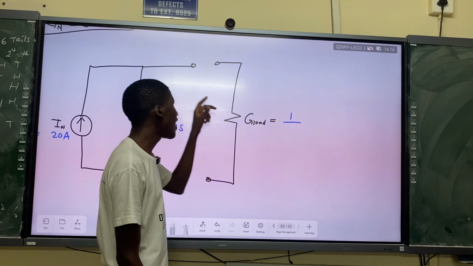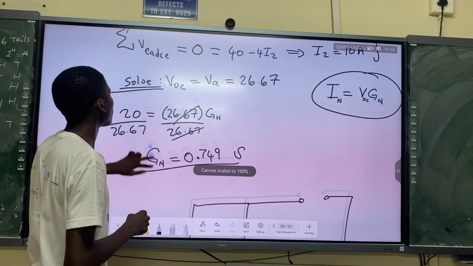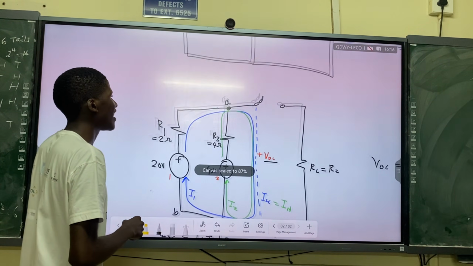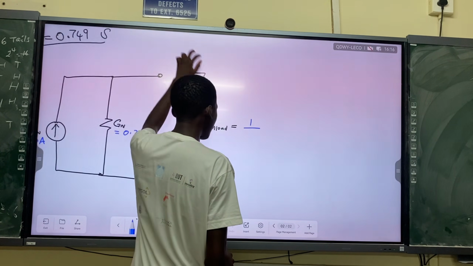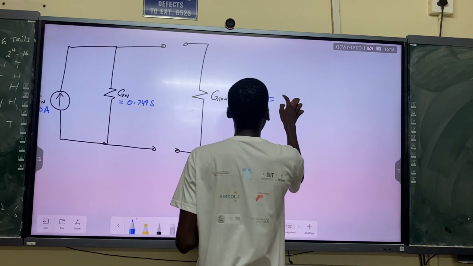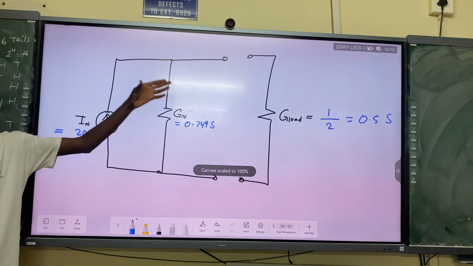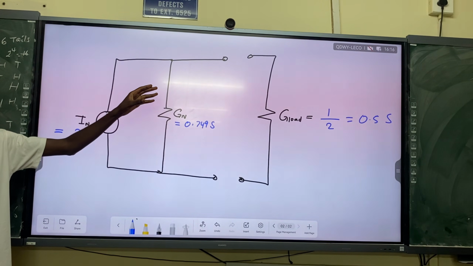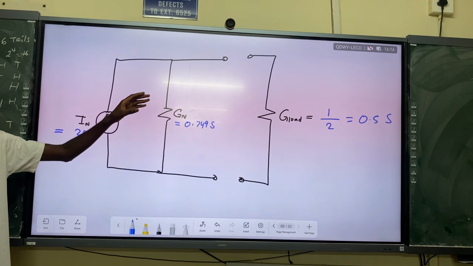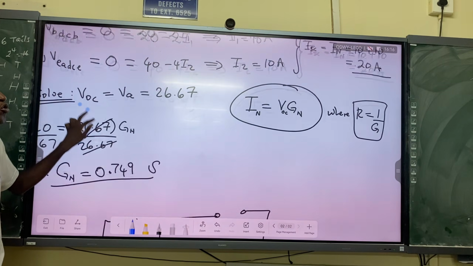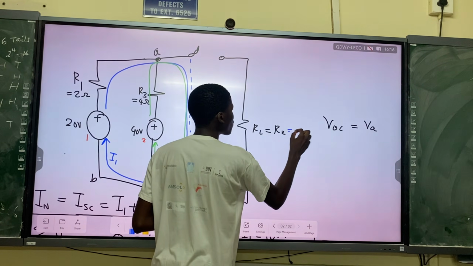So it's 1 over the load resistance, which was 2. So this is 1 over 2, which is 0.5 Siemens. What we have done here is just creating this circuit as a Norton's equivalent. The load resistor is 2 ohms. Yes, our load resistor is 2 ohms.